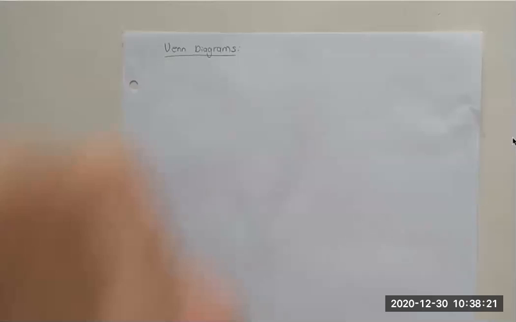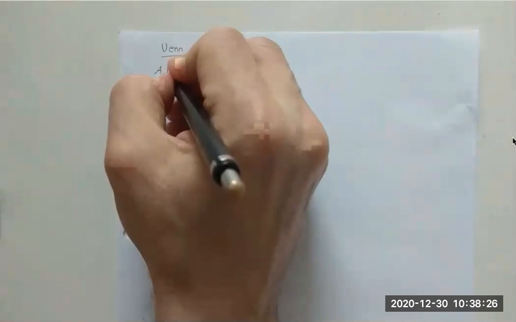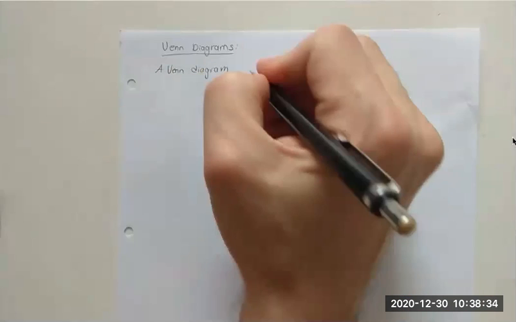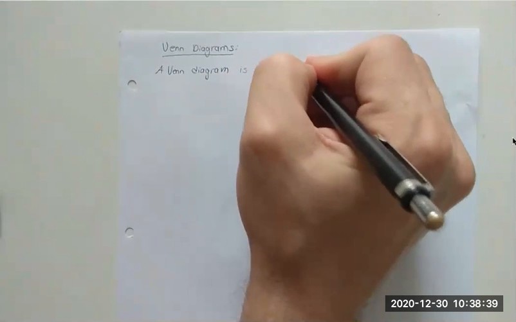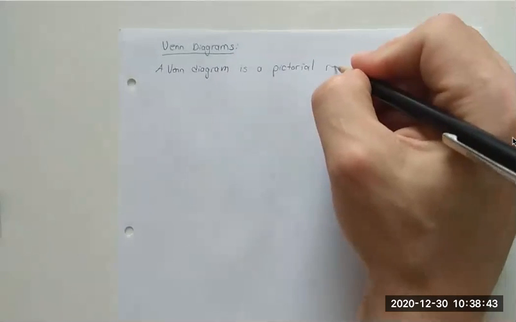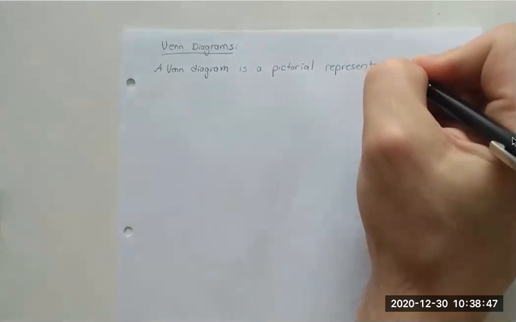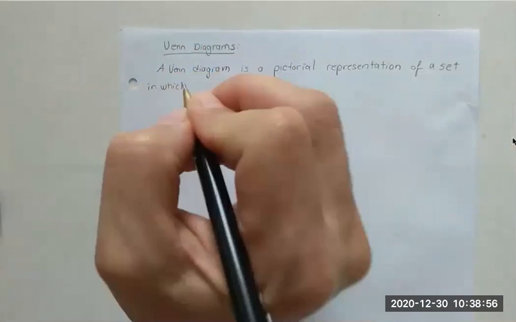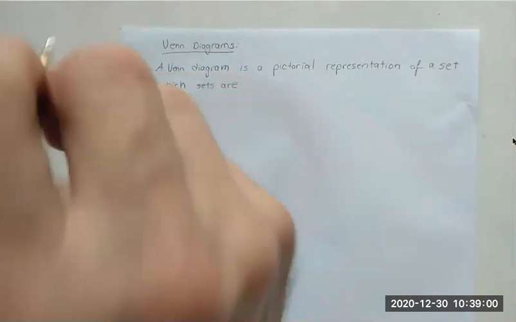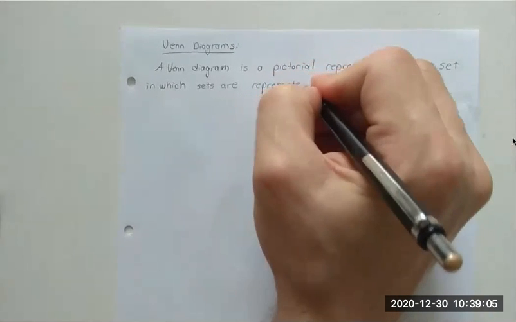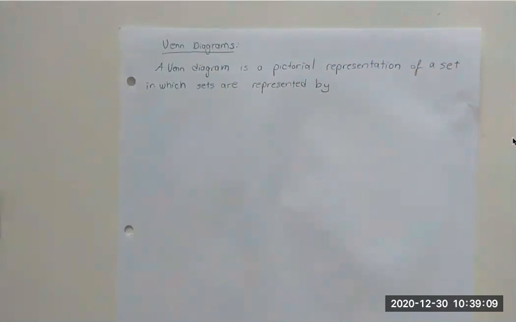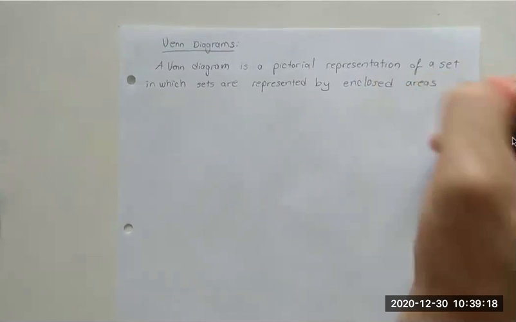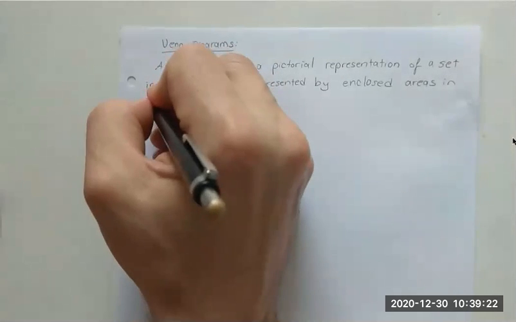Okay, Venn diagram. A Venn diagram is a pictorial representation of a set in which sets are represented by enclosed areas in the plane.